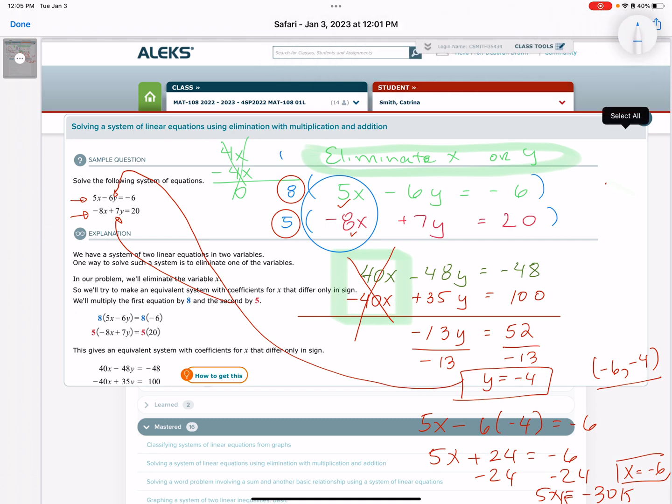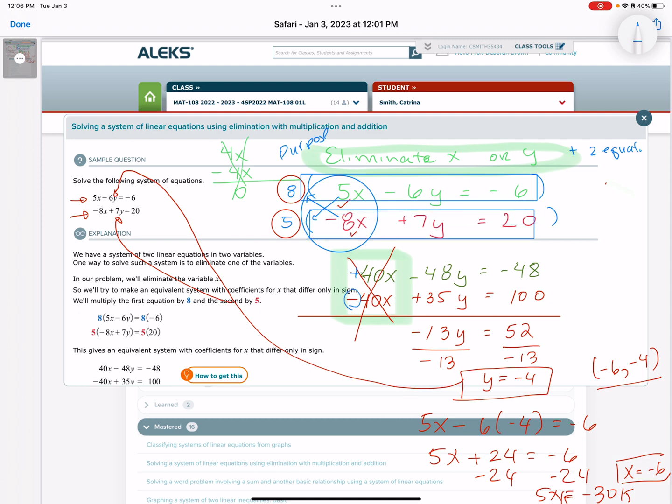So the whole purpose is to eliminate x or y when I'm adding the two equations together. So I'm simply going to take this number and multiply the top equation and this number and multiply the bottom equation. Remember, I'm trying to get them as one is positive and one is negative.